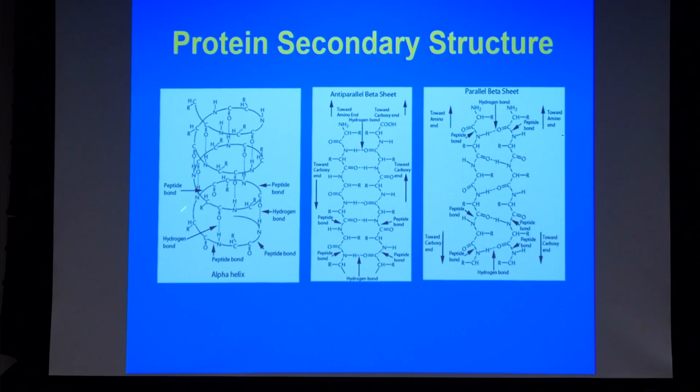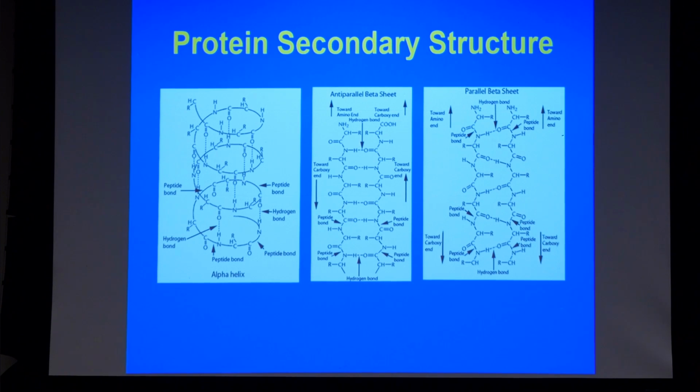If you walk your way through this and count it out, you'll see this one goes to the fifth. Now here's another hydrogen bond here. This is going to be the next amino acid because there's the amine, here's the carboxylic acid, here's the carbon with the R, there's the amine of the next one, and this now is going to hydrogen bond to the carbonyl oxygen 2 to 6.